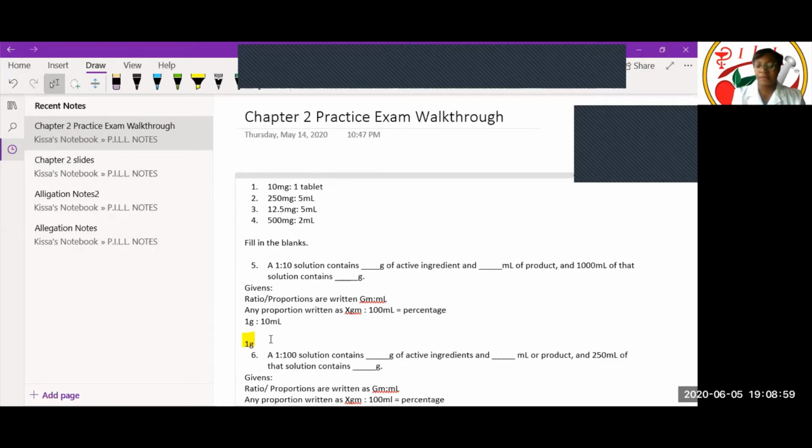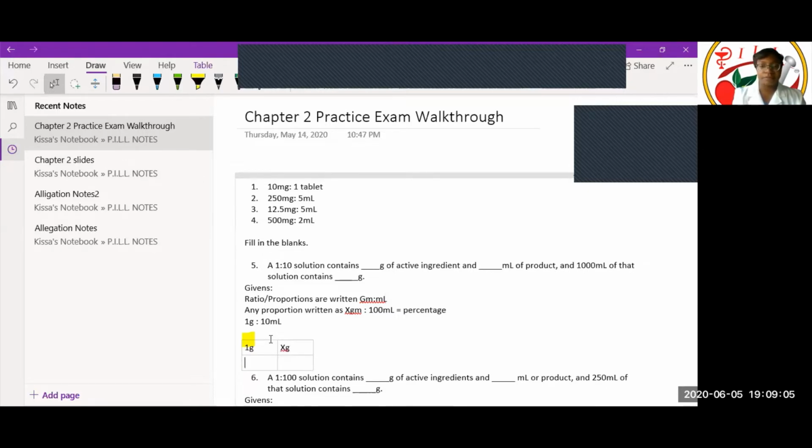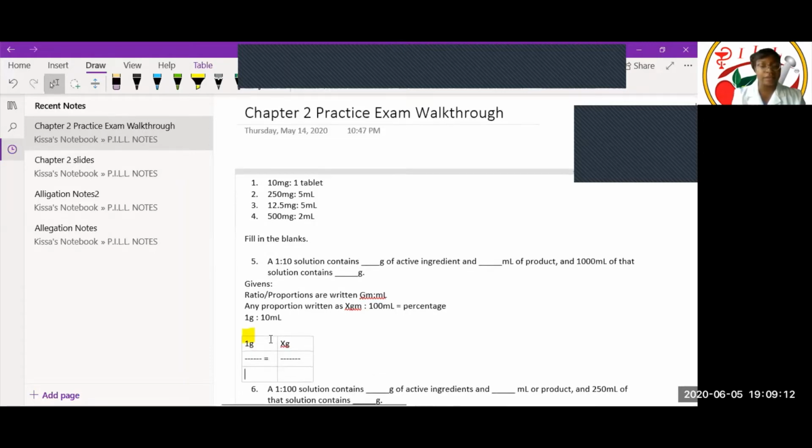1 gram per our unknown grams. This is another way to write a ratio.